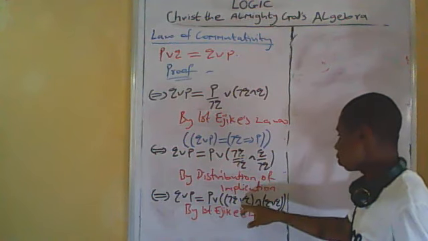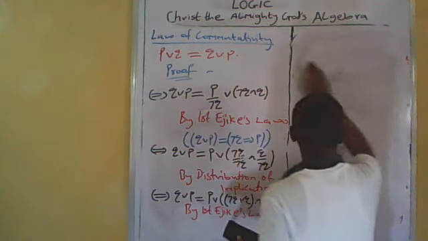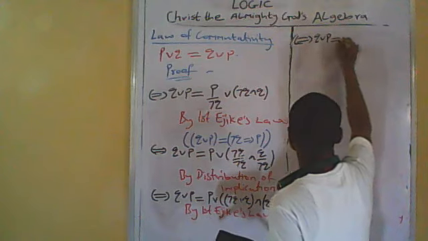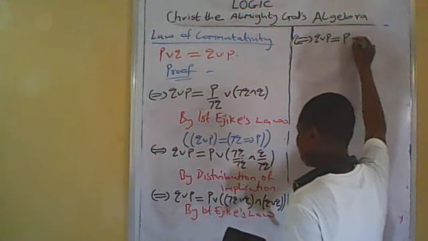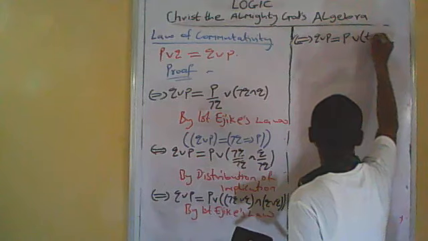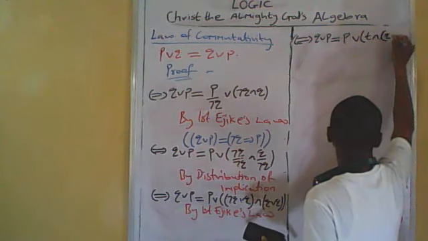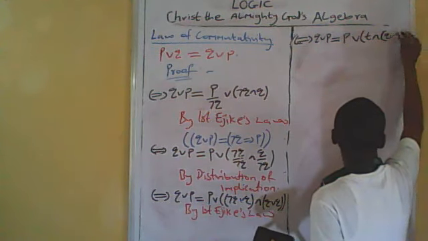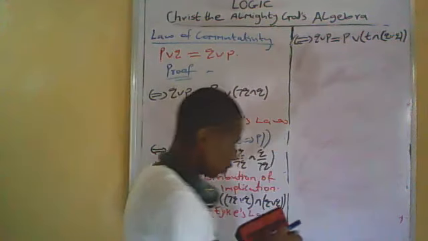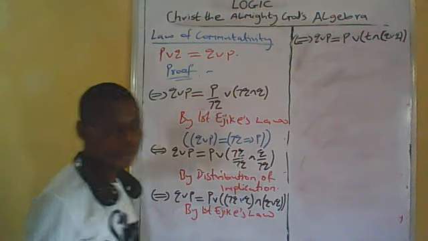And tautology and this Q or Q is equal to Q or Q. So you say if and only if Q or P is equal to P or bracket T and bracket Q or Q, being justified by law of complement.